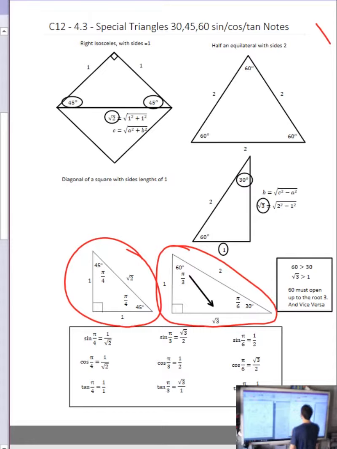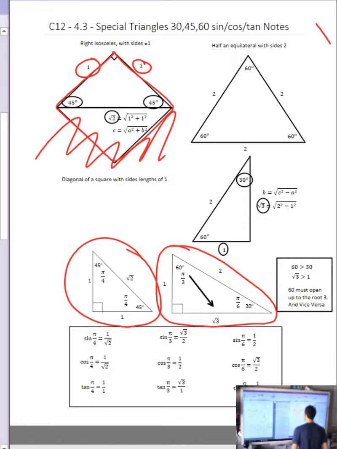If I take a square with side lengths of 1 and I cut it in half, well, that means that my angles will still be 90, 45, and 45. And then if I do Pythagoras with 1 and 1, I get my final side to be root 2.